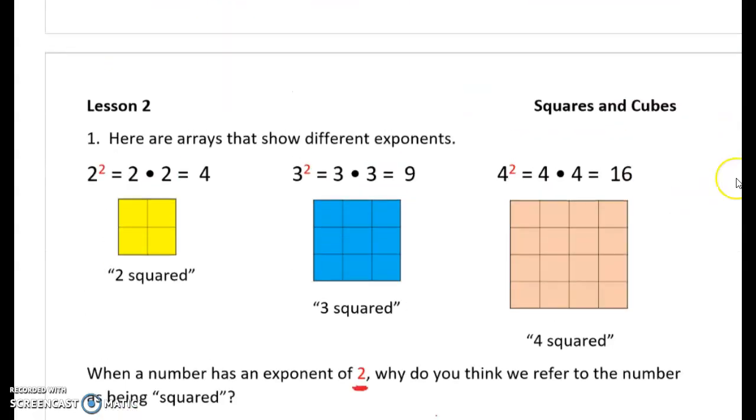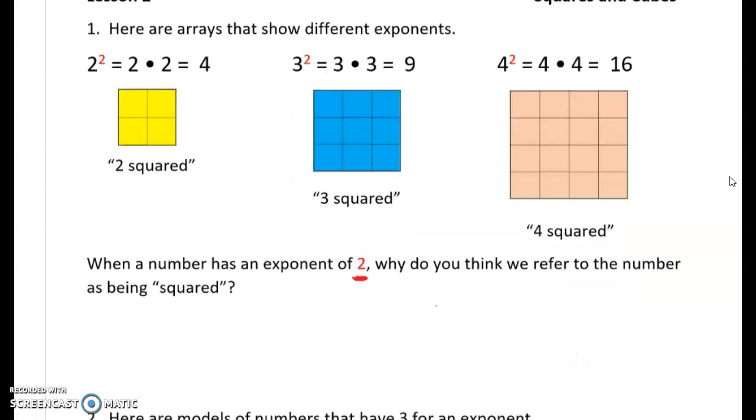Now when I come down to the squares and cubes, when you square something, your exponent is going to be 2. So the explanation really, when a number has an exponent of 2, why do you think we refer to the number as being squared? It's another way of saying to the 2nd power.